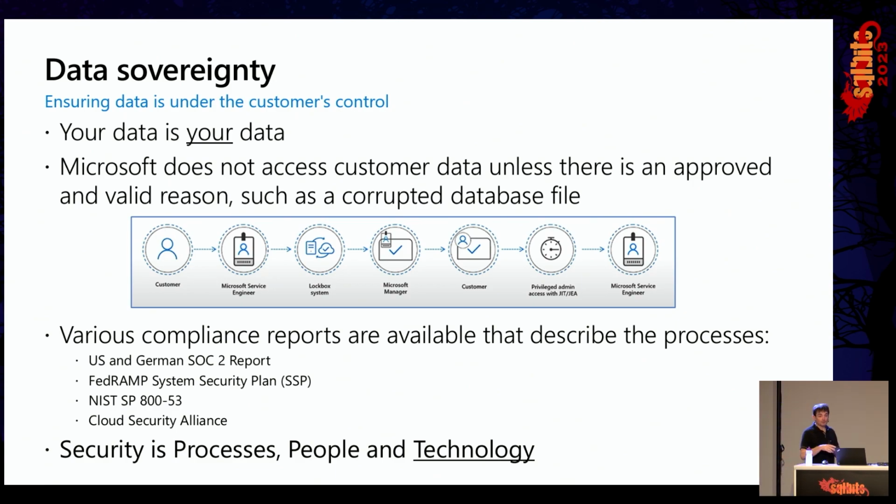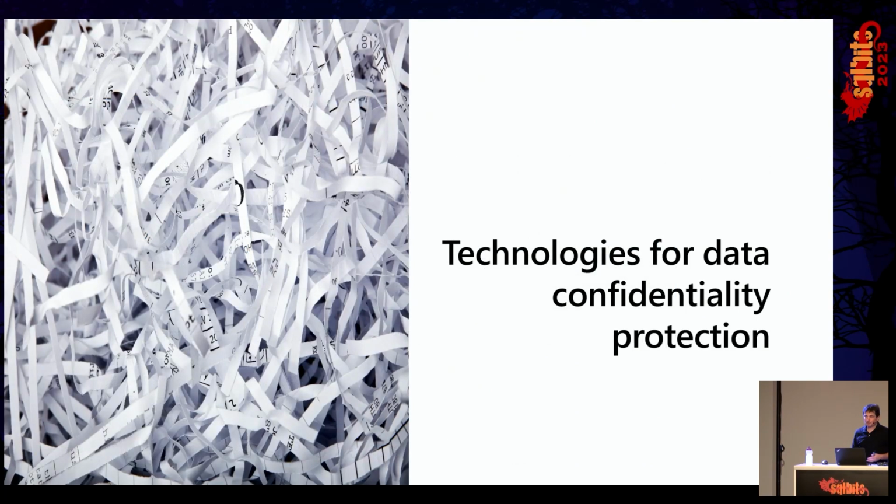But then you also have to play your role, and the rest of this presentation is really about tools, security controls, and security technologies that we provide to help you achieve the goal of data sovereignty, the goal of staying in control of your data and protecting your data, starting with protecting the confidentiality of your information, meaning ensuring that only you and your authorized users can see the data that you store in the cloud.